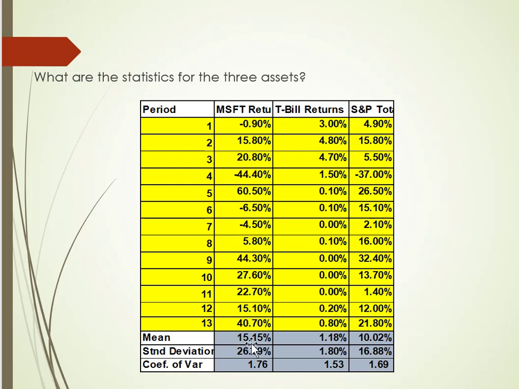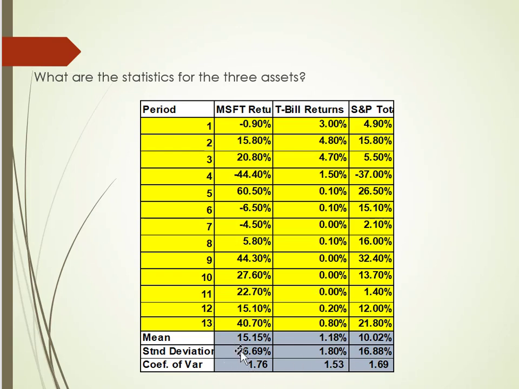Now, if you look down the list, obviously, these are returns we took directly from that table. So the average rate of return of Microsoft was 15.15%, 1.18 for the T-bill, and 10% for the S&P 500. Statistically, you can also see that they line up, that the stock has higher risk, standard deviation is higher than the S&P 500, and it's also much higher than the T-bills.